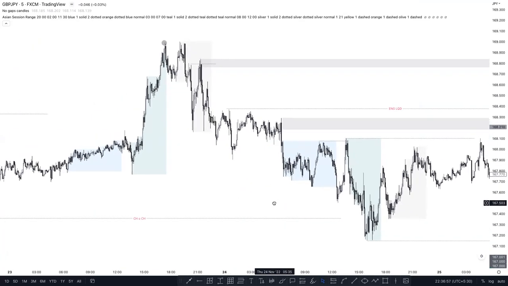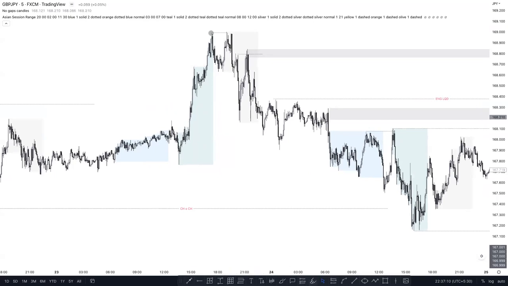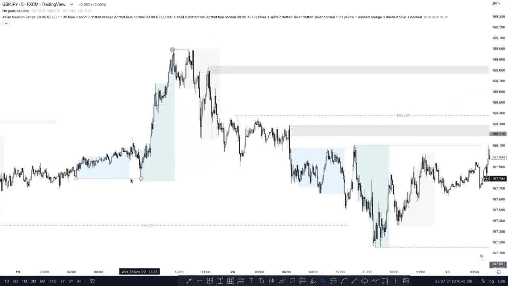And you can see here, I think this one is also a previous high sweep, push downside, and the rest a continuation. You can see this low. Okay, Asian low sweep and go high.